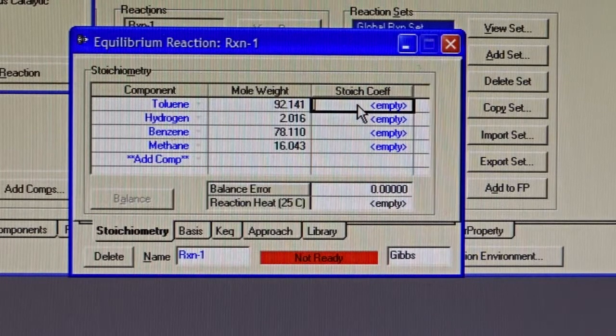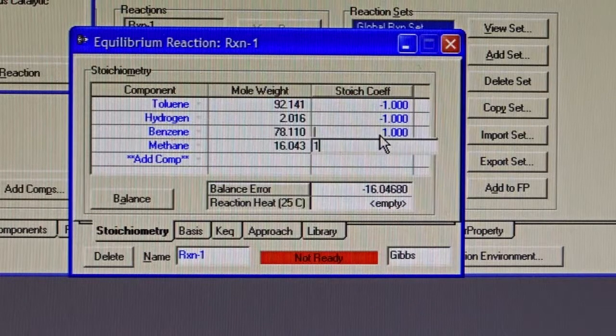So, toluene is a reactant with the stoichiometric coefficient in the equation of 1. Now, the stoichiometric coefficient has to be entered in HYSYS as -1. Negative indicates that this is a reactant, not a product. So, I will enter -1. Hydrogen is a reactant also, so it's -1 also.